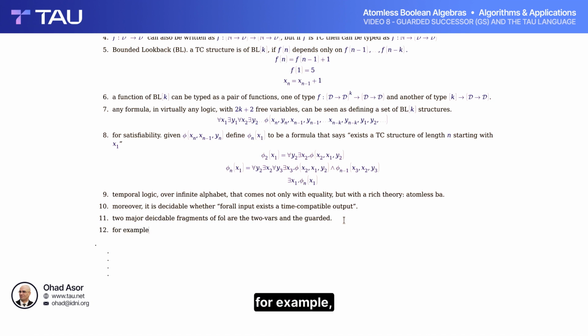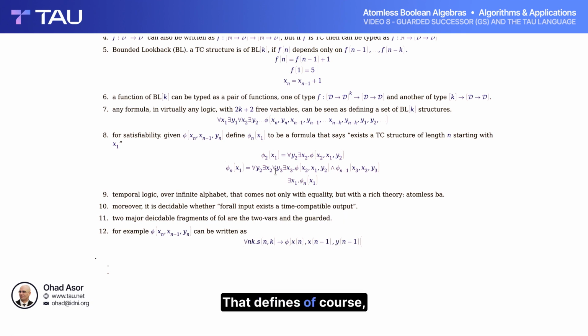For example, this formula can be written as: for all n, k, where n and k are of the sort of natural number, if n is the successor of k, then, now I need a function symbol, so this is a function from the natural numbers to domain elements that defines, of course, a sequence.